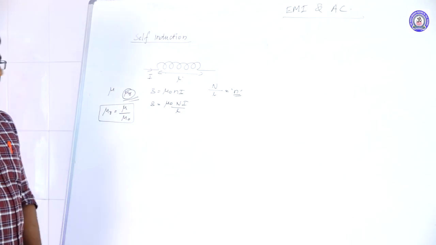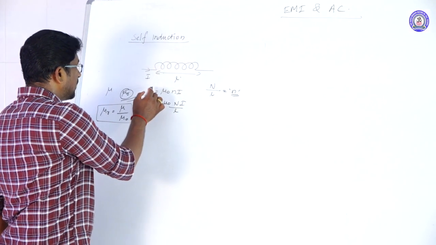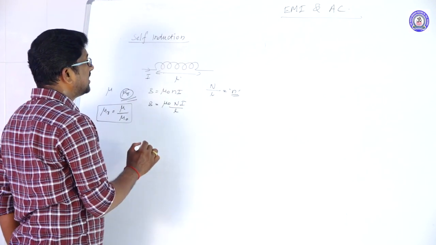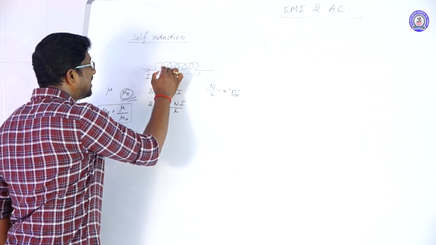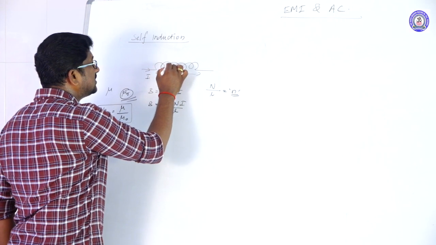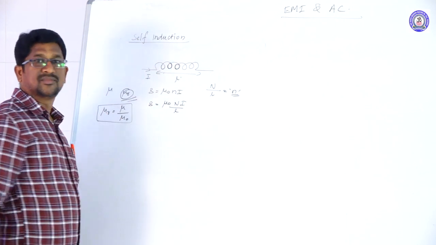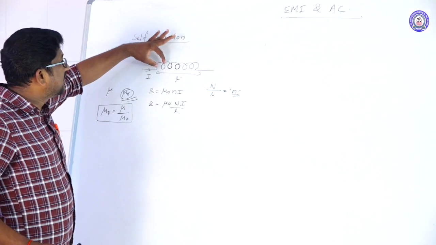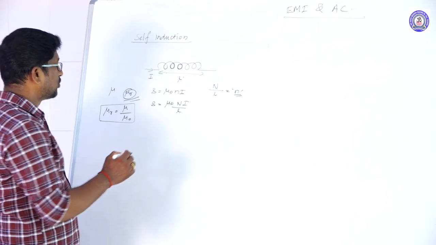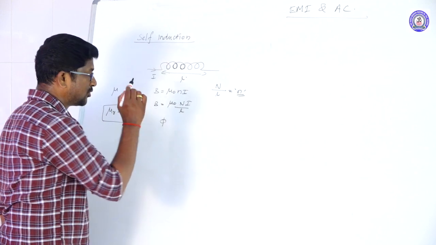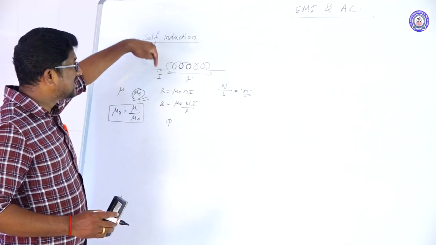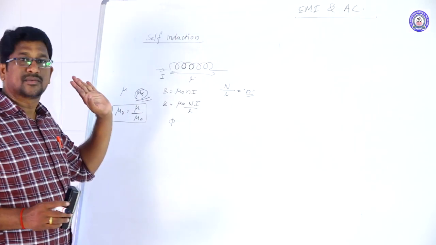Right? Okay. So when the magnetic field is produced inside it, there is a magnetic flux linked with each turn of the solenoid. The magnetic flux linked with each turn of the solenoid is supposed to be Φ, or the total magnetic flux linked with the entire solenoid is Φ.